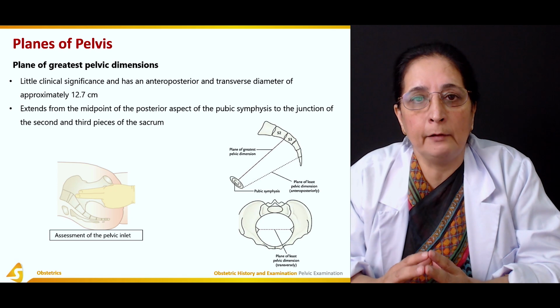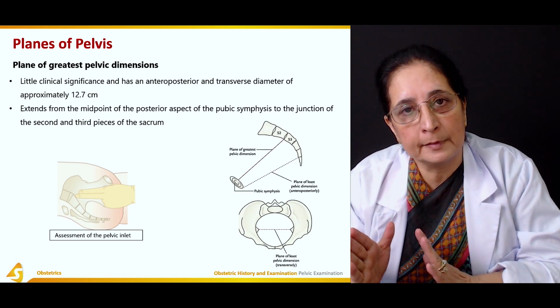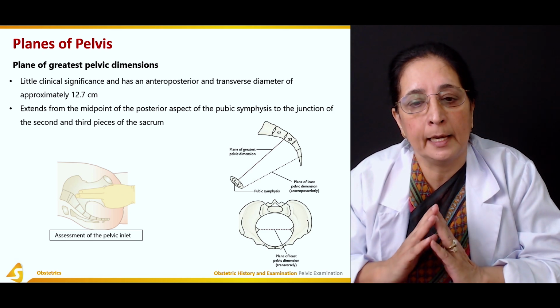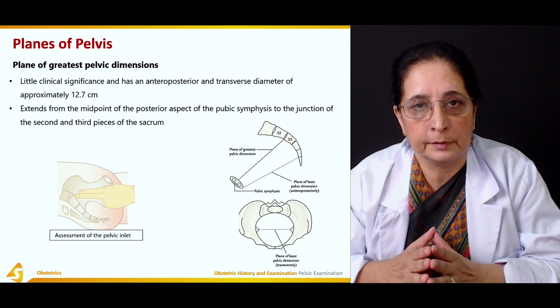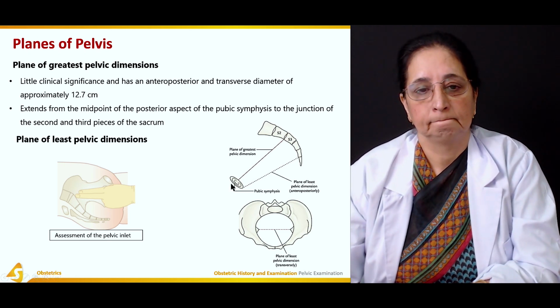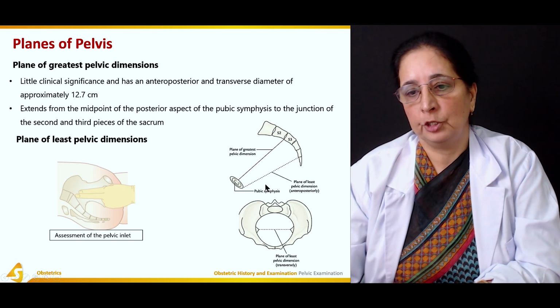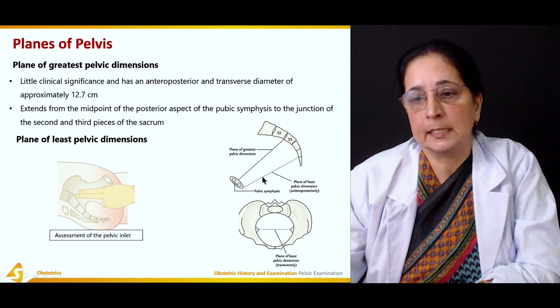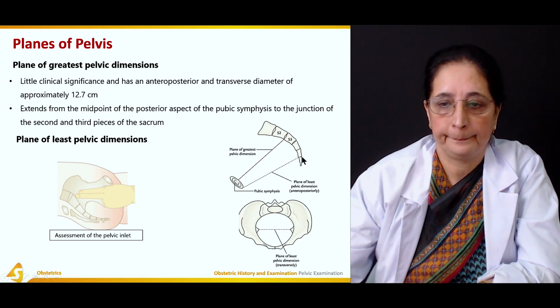So greatest pelvic dimension is from the center of the symphysis pubis to the second and third sacral vertebrae. And then least dimension, this is the least dimension from the lower part of the symphysis pubis to the lower part of the sacrum.